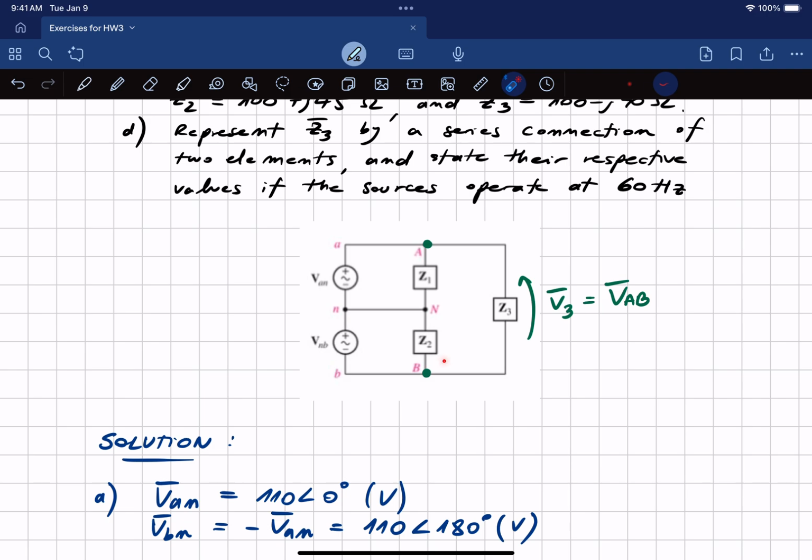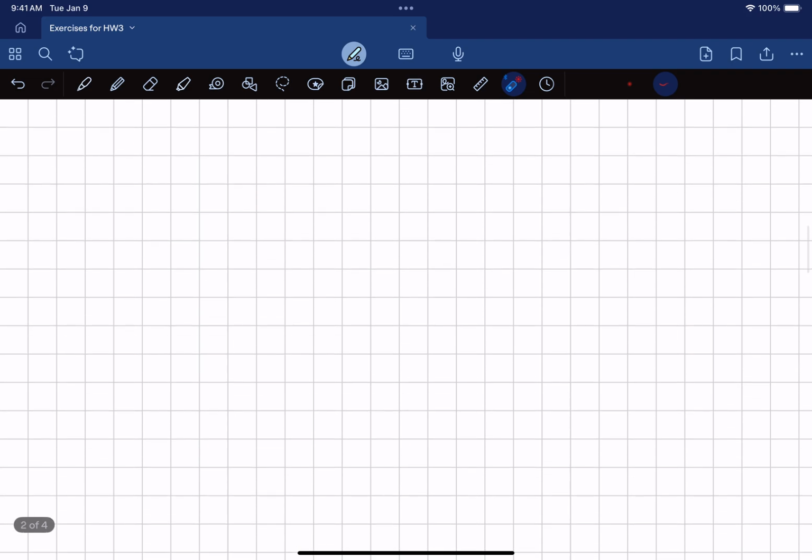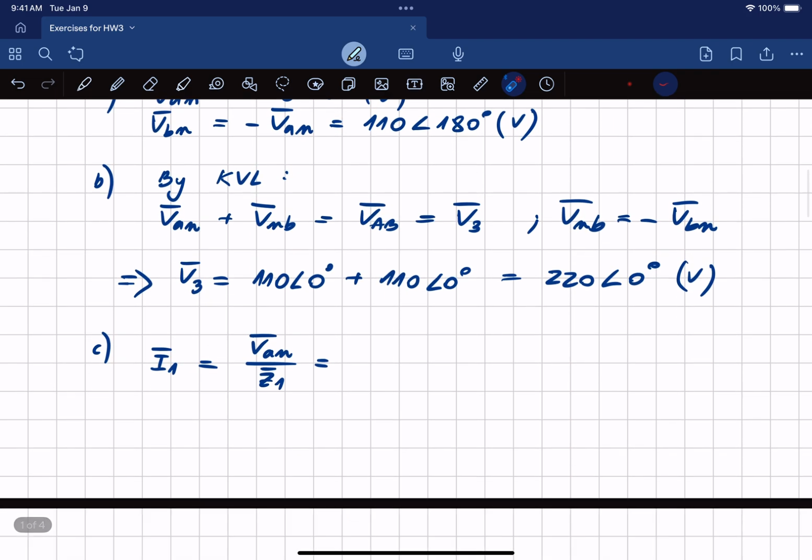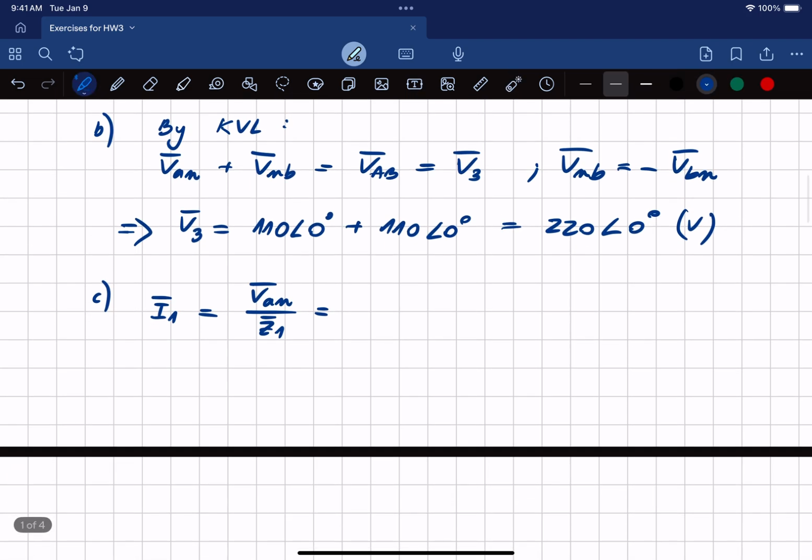We can call it this current in that direction, and it's going to be this voltage, VBN, divided by the impedance, if we want to define that current in that direction. For Z3, we have already V3, so V3 divided by the impedance is going to give us the current. So we already have all the things in place to define this.